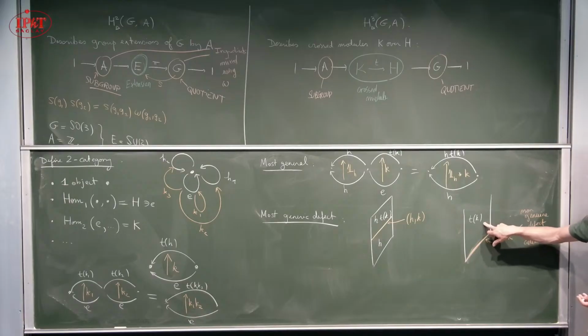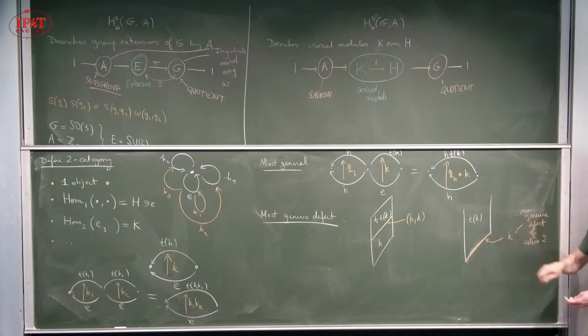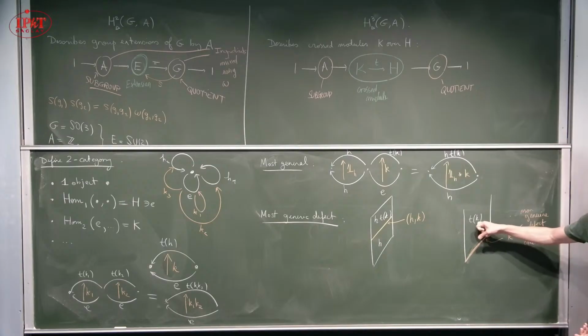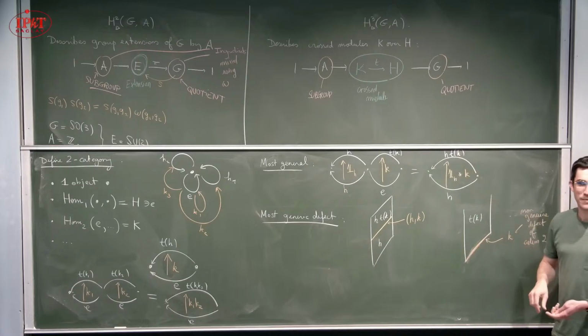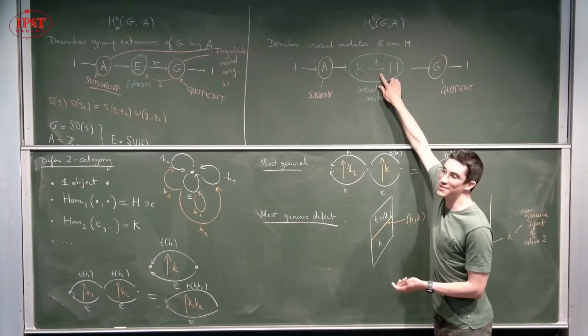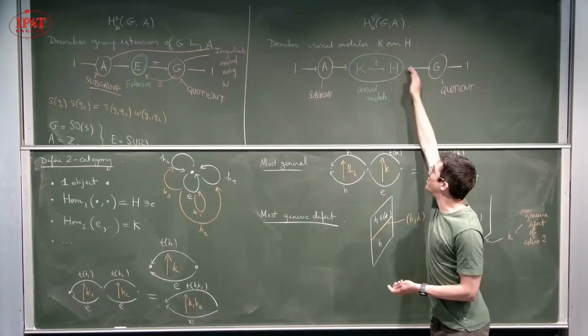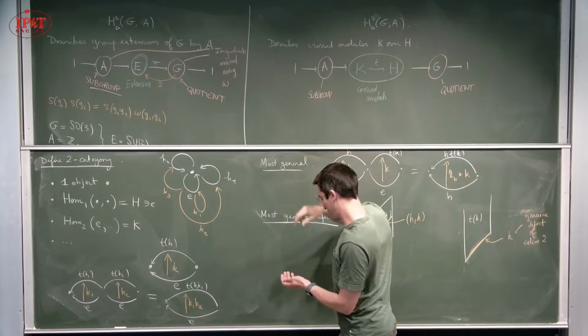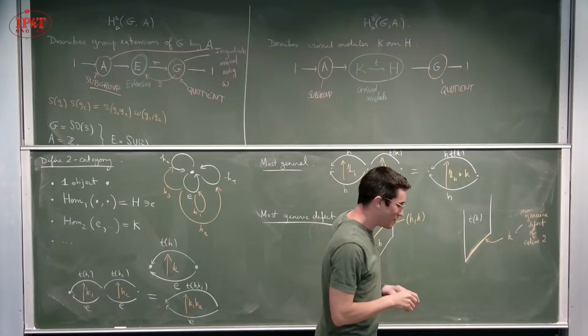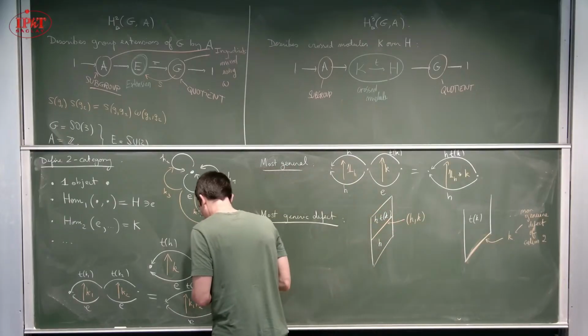If T of K is also the identity, now K lives happily without being attached to anything, right? So what is the set of K such that T of K is the identity? It's the kernel of T. So the kernel of this map, this is the one-form symmetry. But here you have a short exact sequence. So what is the kernel of T? Is this guy. So we have just obtained that.